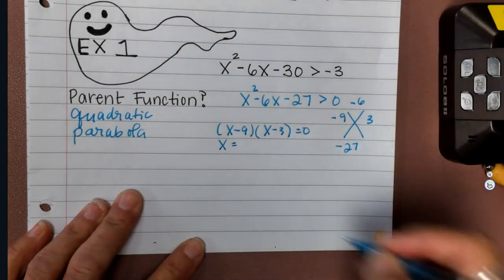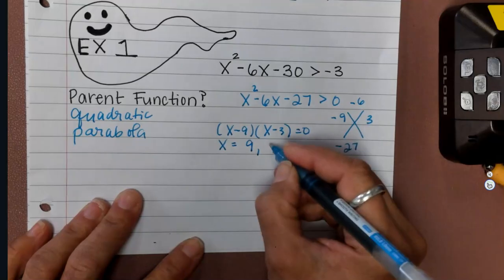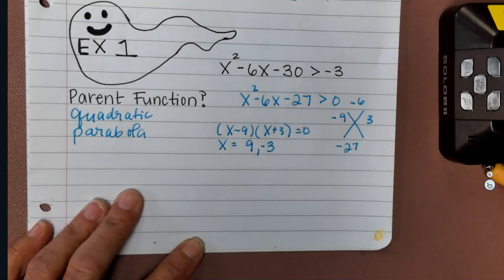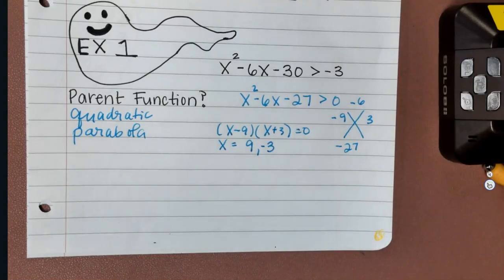X would for sure equal a positive 9 and a negative 3. But it's an inequality. And guys, inequalities have infinite answers. So we've got some work to do.